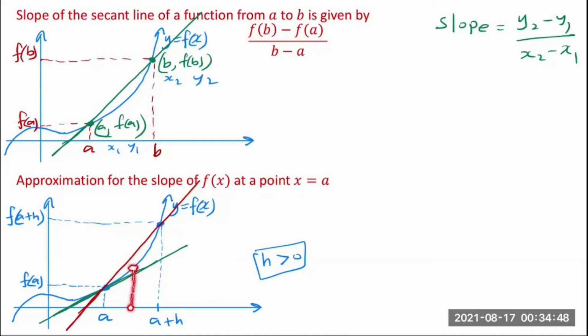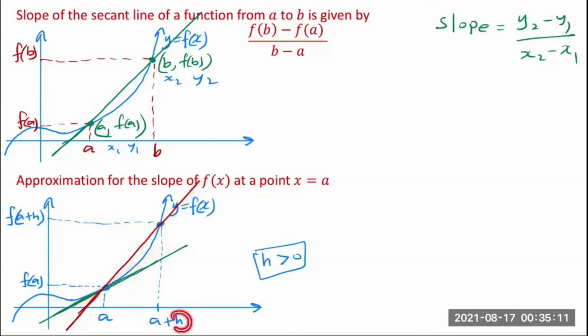Now, if you draw your secant line, remember now this is your A plus H, it would be a line like this. As you can see, the slope of this secant line is closer to the slope of the green line than the slope of this original secant line.